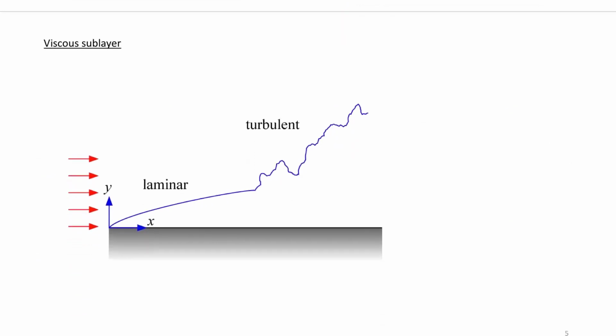So let's talk quickly about the viscous sublayer. It's kind of like anatomy of turbulent flows here. So over here, we have this thickness being delta M laminar, right? That's our laminar momentum boundary layer thickness. At this region, this transition here, you have these eddies that are forming, right?